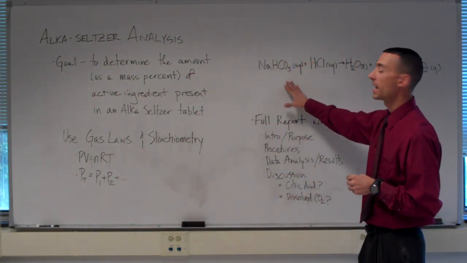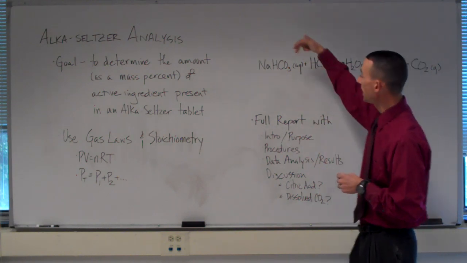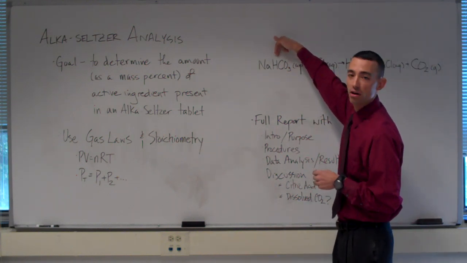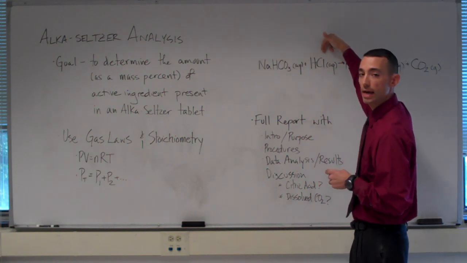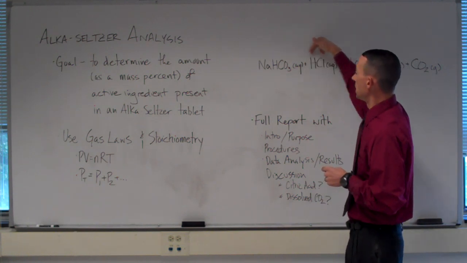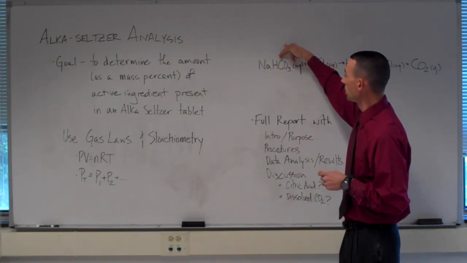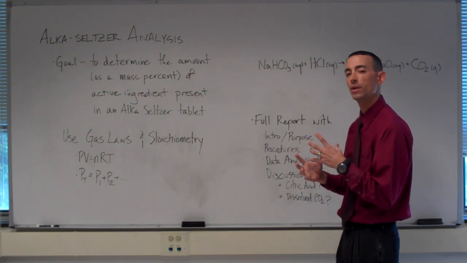You'll be conducting a reaction between an Alka Seltzer tablet whose active ingredient is sodium bicarbonate, or sodium hydrogen carbonate, with hydrochloric acid. In the aqueous form, these sodium bicarbonate molecules are mobilized. In the solid tablet form, they're not mobile, so therefore they can't yet react.